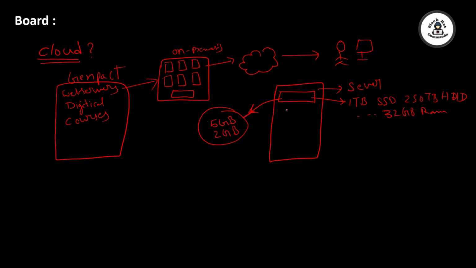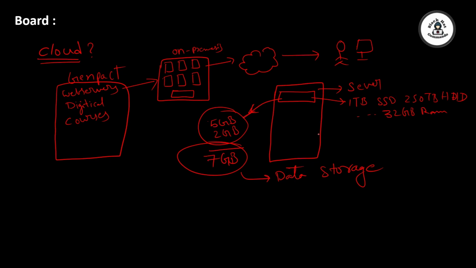The major problem is that there is 250 TB HDD and 1 TB SSD available, but you use only 7 GB of the whole server. That means there is a huge wastage of data storage.